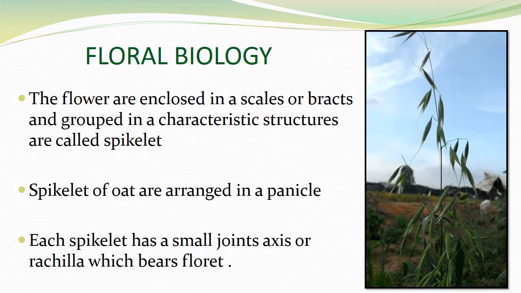Coming to floral biology of oats, the flowers are enclosed in scales or bracts and grouped in a characteristic structure called spikelet. This entire portion is called a spikelet. Spikelets of oats are arranged in a panicle. Each spikelet has a small joint axis or rachilla which bears the floret.